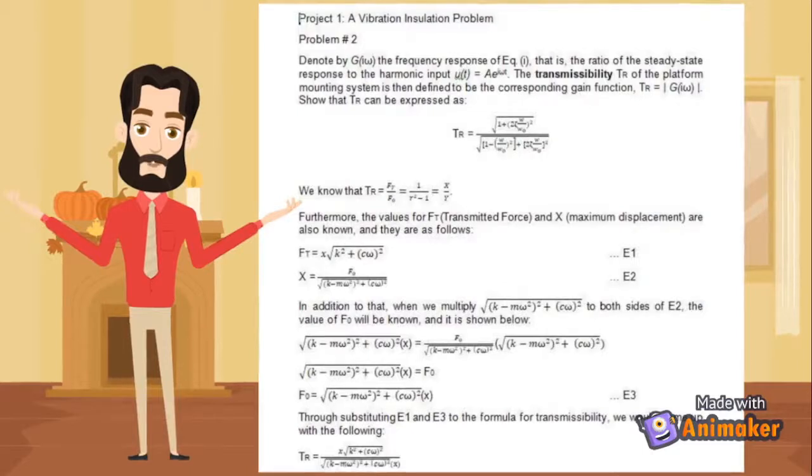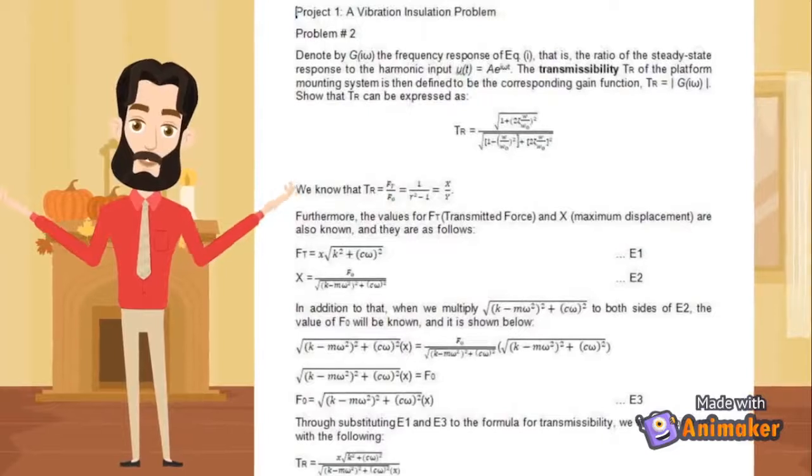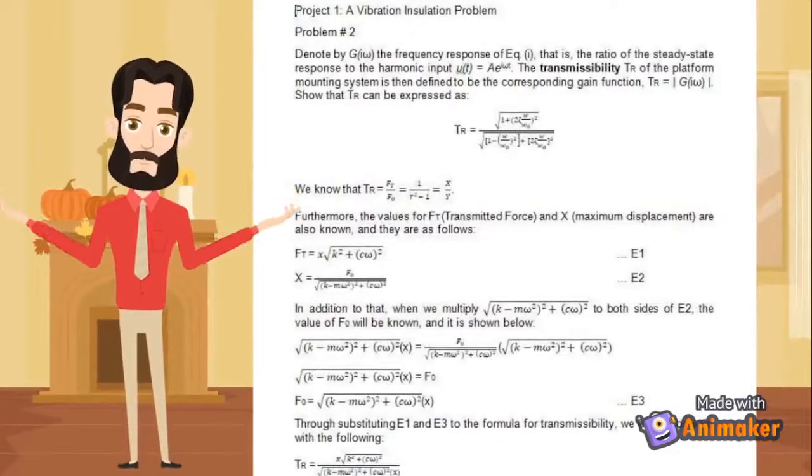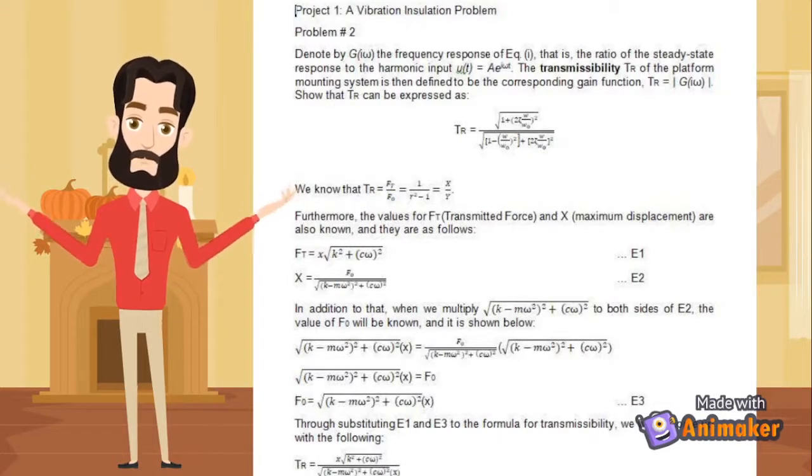Problem number 2. We know that transmissibility T sub r is equal to f sub t over f naught. It is also equal to 1 over r squared minus 1 and x over y. Furthermore, the values of f sub t, or the transmitted force, and x, the maximum displacement, are also known, and they are as follows.